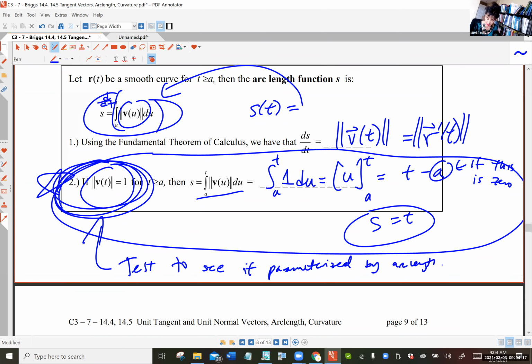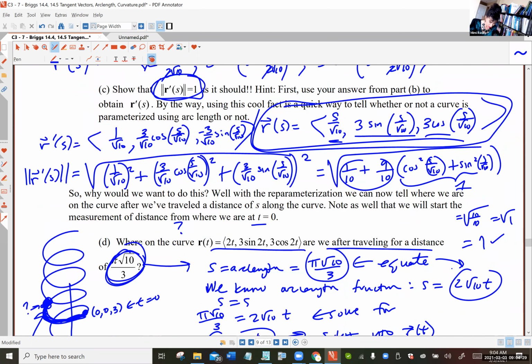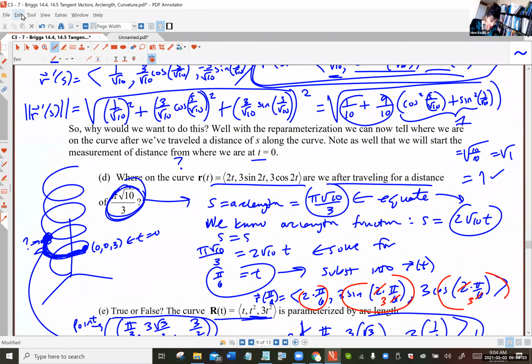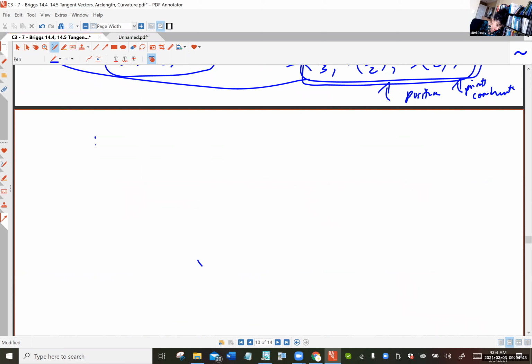So let's do that. In order to answer letter E here, let me append a page: is the magnitude of r prime, basically the speed, equal to 1? If yes, then it's parameterized by arc length.